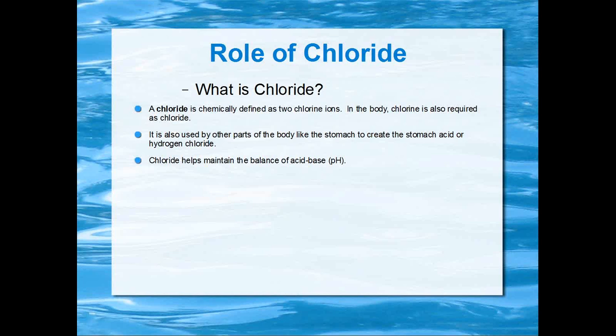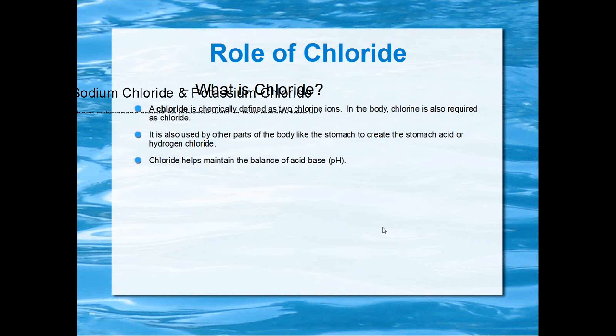That's not what I'm saying here, so remove that from your mind. We'll describe how that plays an impact in electrolyte here shortly. The chloride is used to create stomach acid and hydrogen chloride, but right now I just want you to focus on that stomach acid. Chloride helps maintain the balance of acid and pH in the body.